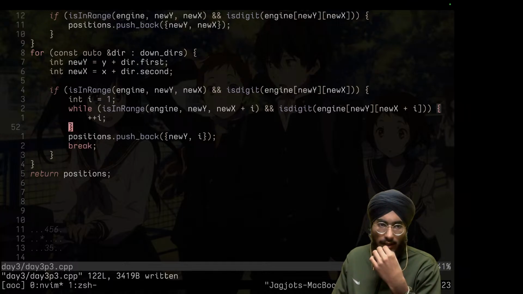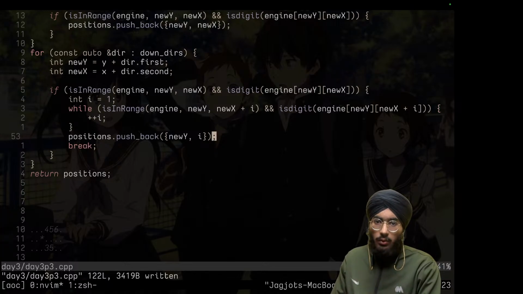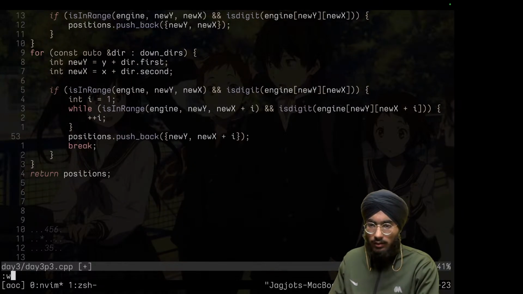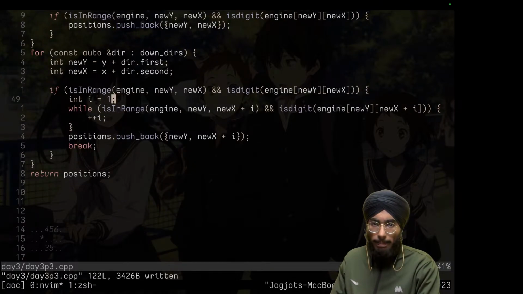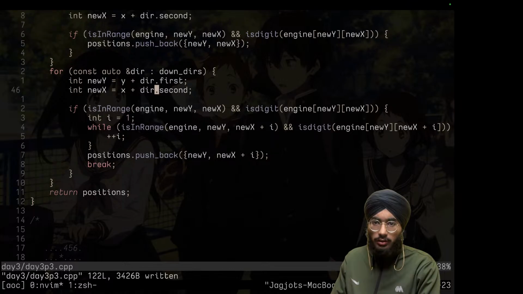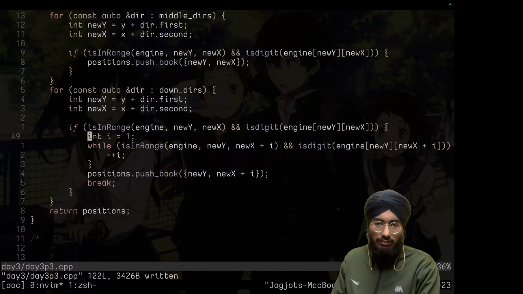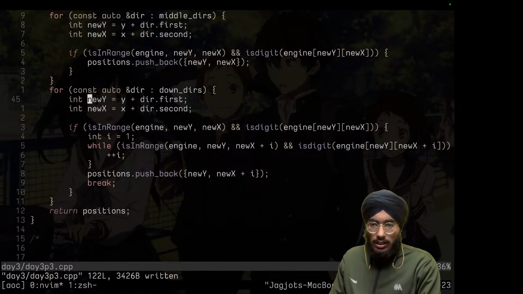While is in range and it is plus 1, new x plus I. It is a constant, not a constant, but yeah, I should make them constant because I don't want to change them.